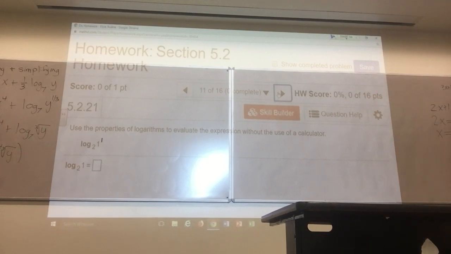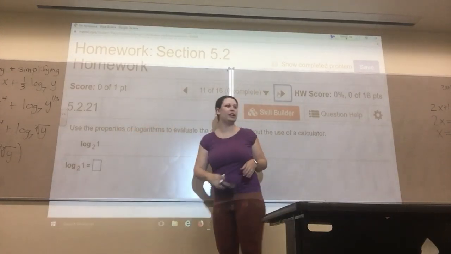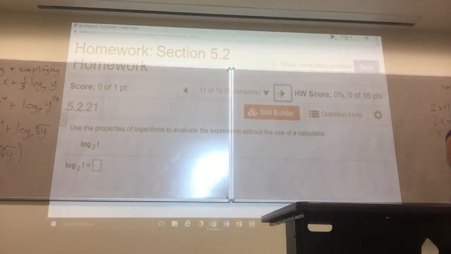Okay, and then this one we're just evaluating, right? So again, we're asking, what is the exponent that gives us this answer?